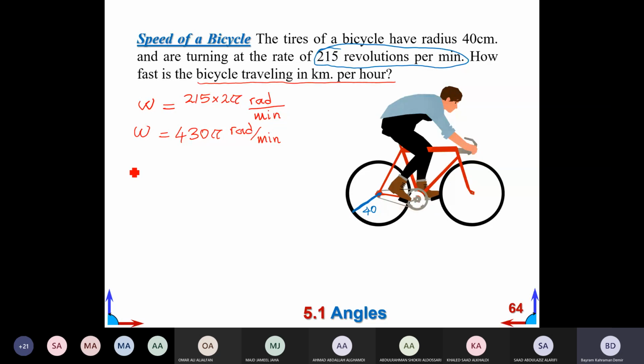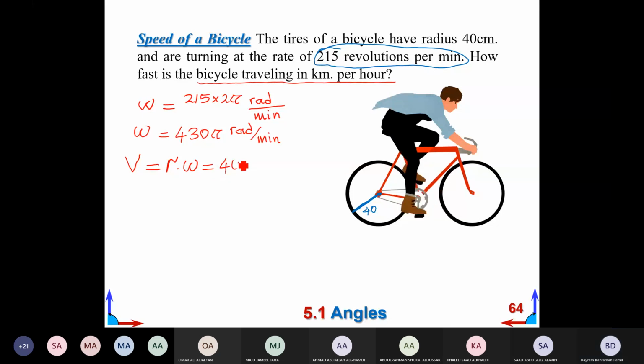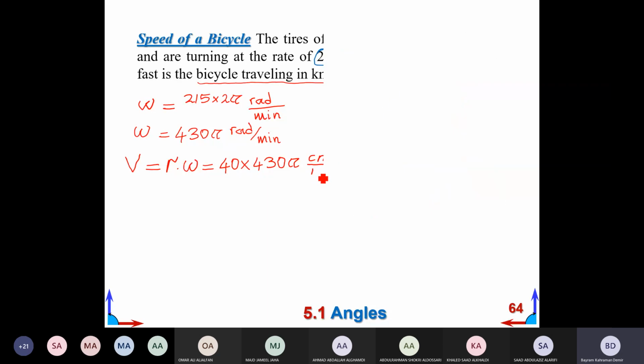So, yani they are asking linear speed, huh, Shabab? Yes. Linear speed is the radius of the tire multiplied by omega of the tire. So radius is 40, multiplied by 430 pi. Of course, that will give you centimeter per minute.